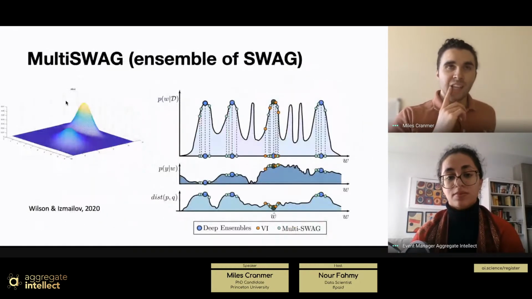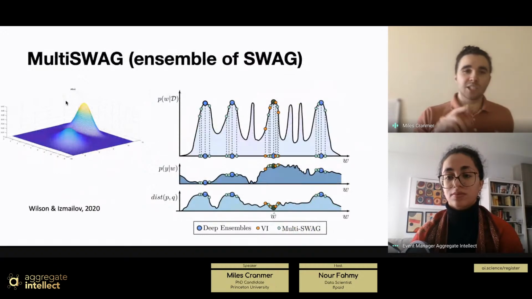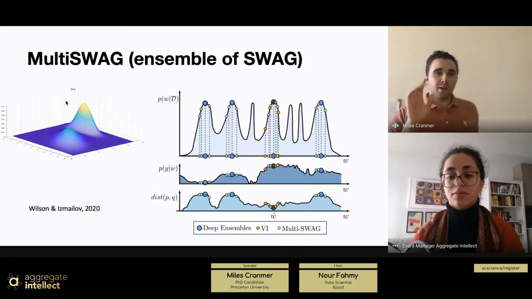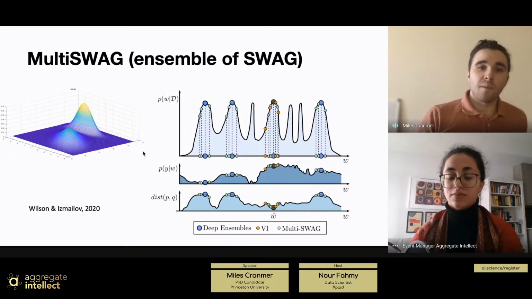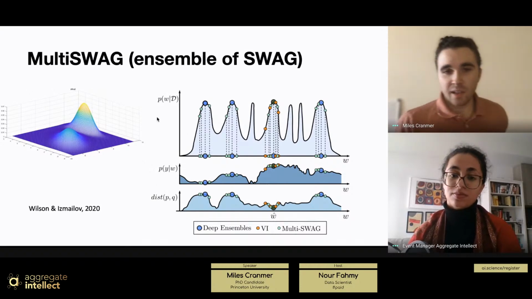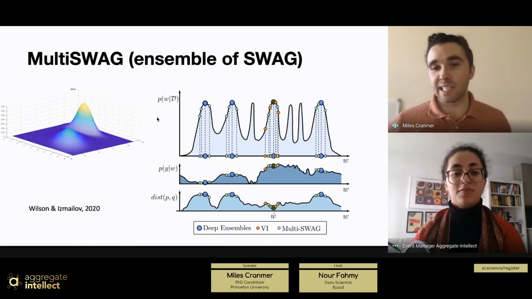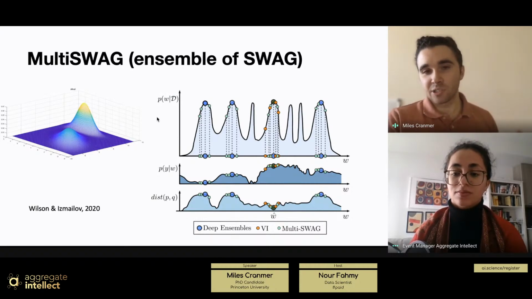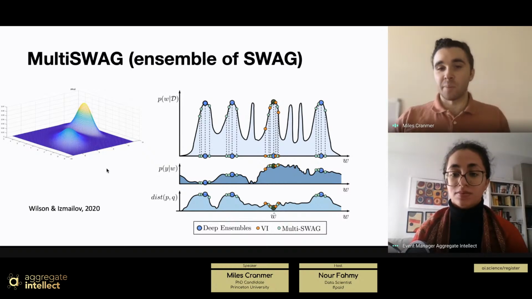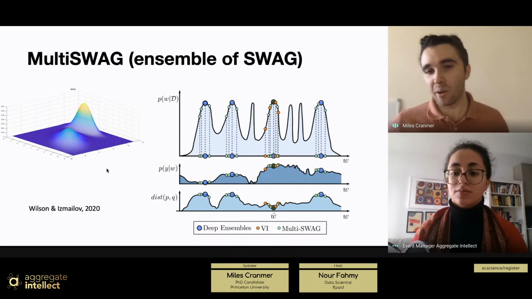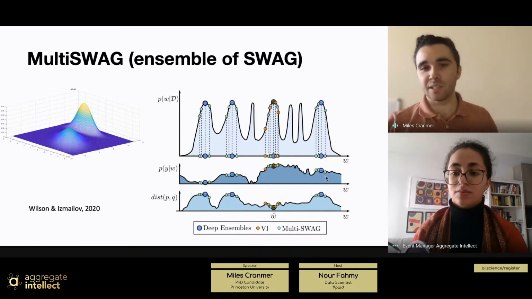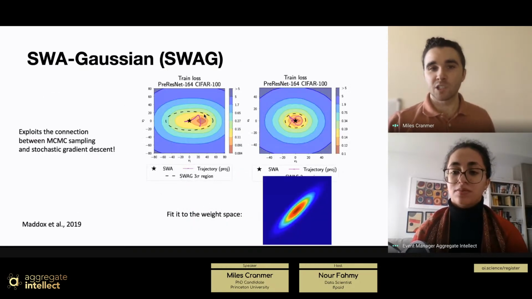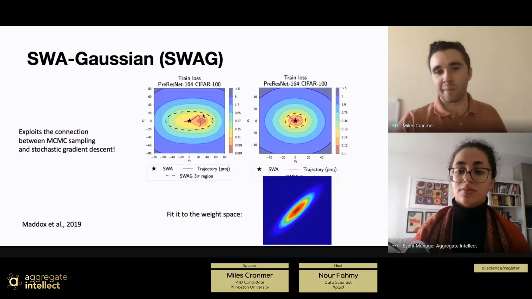And then the other thing he asked, or she, was about MultiSWAG. What you do here is you train from different seeds. Every seed gives you different initial parameters in your neural network, and you're probably going to find different optima when you train the model. So it'll settle into different parts of parameter space, and you repeat SWAG in those modes of parameter space.